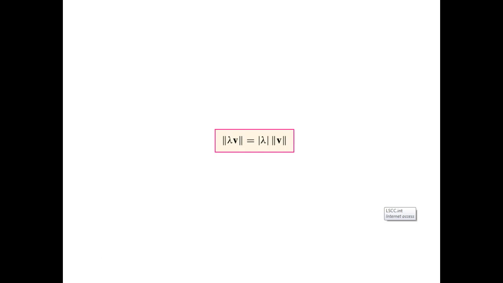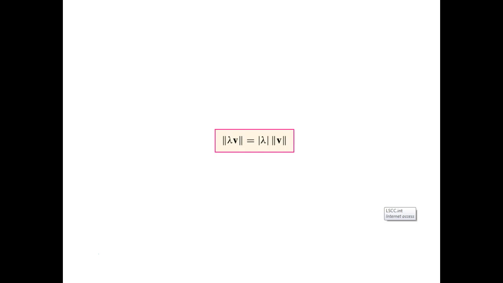A scalar is just a number, okay? And if you multiply a scalar by a vector, and I already said this one, if the scalar is greater than 1, then it's going to increase the length of that vector, okay?